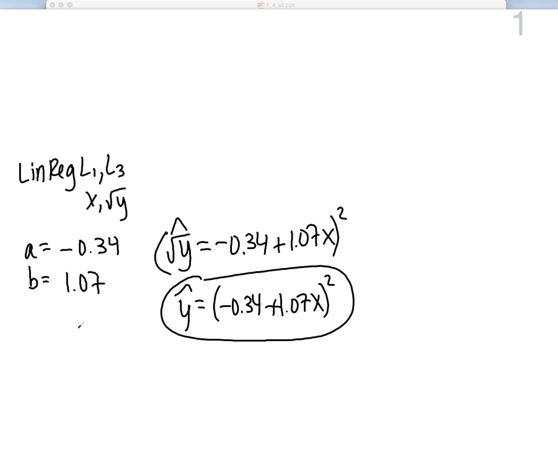A few things I want to remind you of if you decide to use log instead. Let's say we got, I'm making up numbers, log of y equals 2 plus 4x. How do you transform out of that?